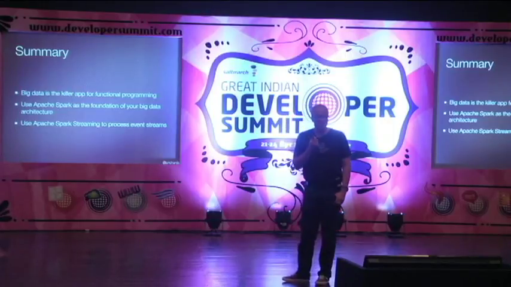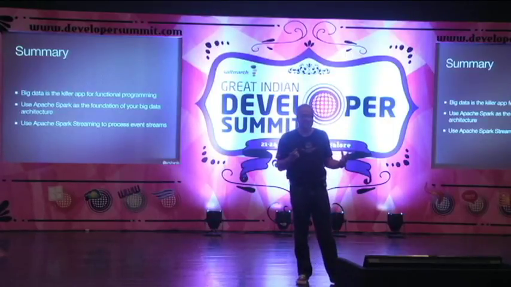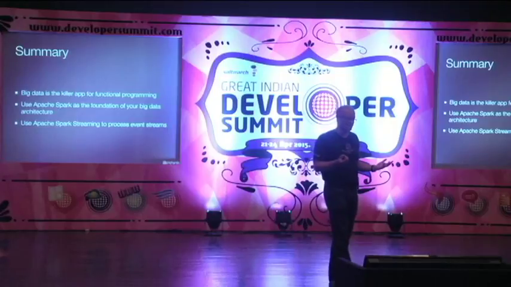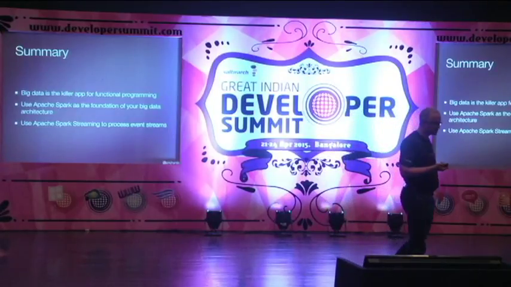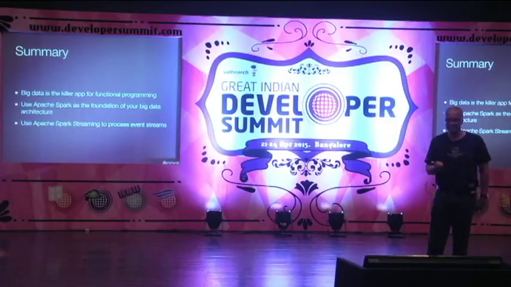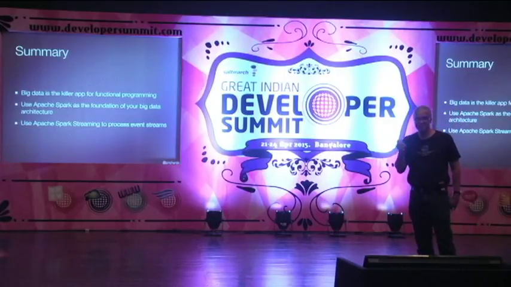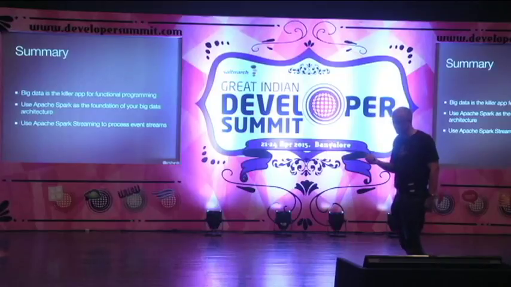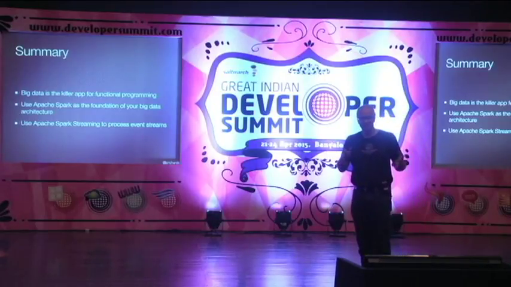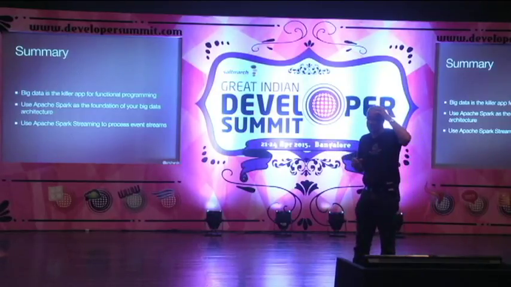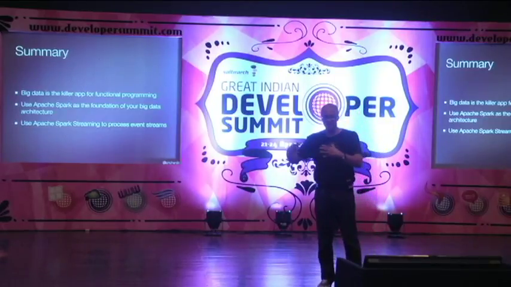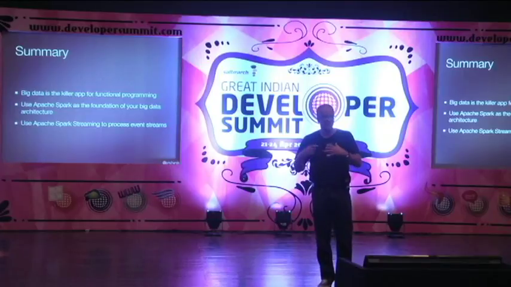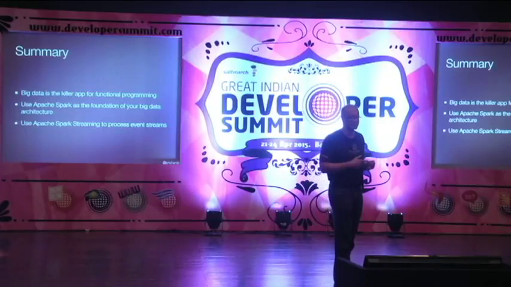In summary, big data is essentially the killer app for functional programming. There's been a huge interest in Scala which has been triggered by Apache Spark. Even though Spark can be used from Java and Python, it's the fact that it has a very nice Scala API that has attracted a lot of people to Scala.